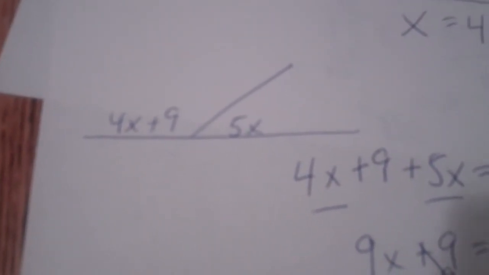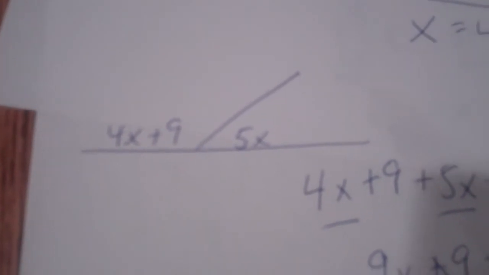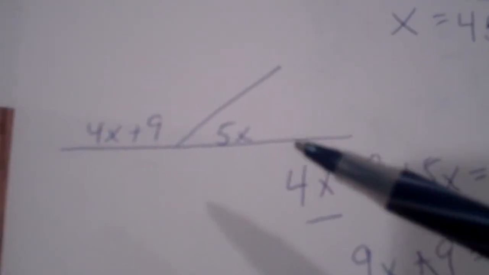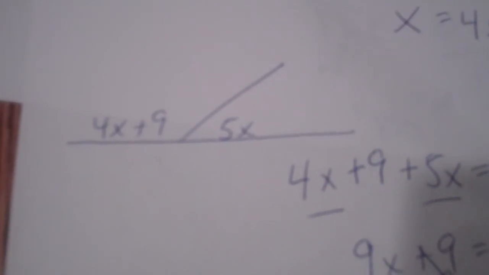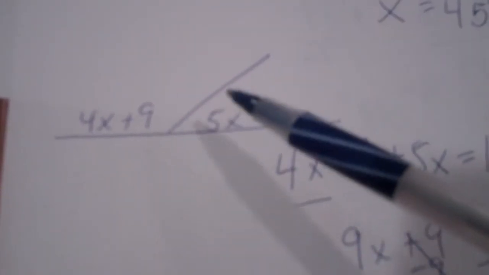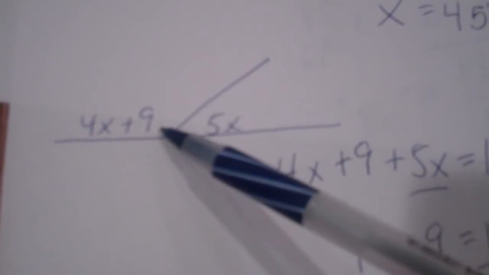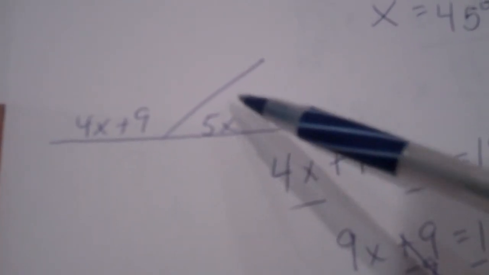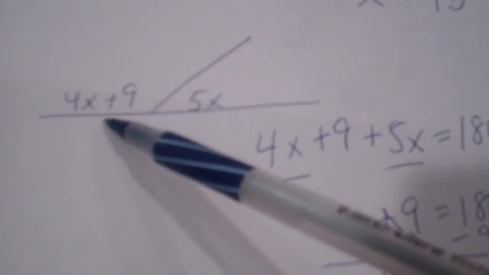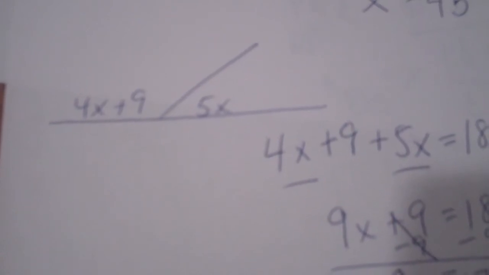If we focus back in on here, now we will have to watch the directions of the problem. If my goal is to just find x, like what we've been doing in the entire video, I could stop. If I wanted to find the specific angle measurements of each of these, I could then take my 19, plug it into here to figure out what this angle is, and also plug into here, figure out what that angle is.